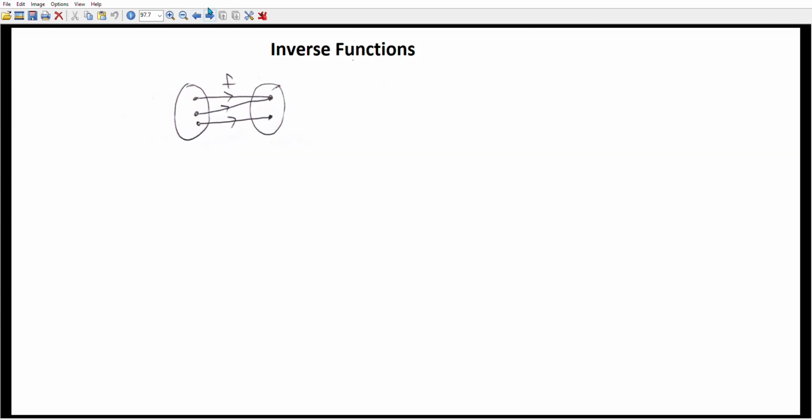Now there are times when you cannot find an inverse function. So let's look at the picture here. And what we see here is there are a couple of points that are carried by f to the same thing in the range. If we try to draw f inverse, we have to have two arrows coming out of that point. This is not a function.